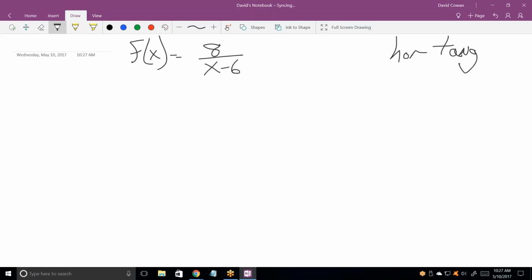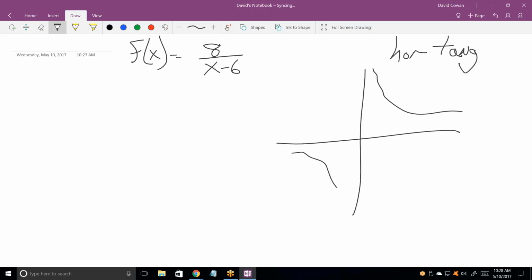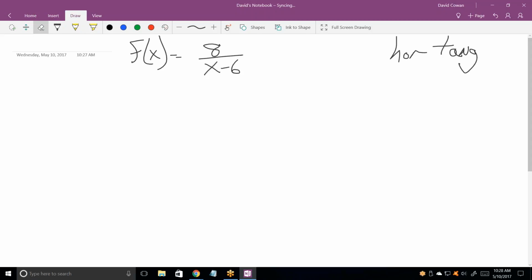That f of x equals 0 or f prime of x equals 0? F prime of x. In other words, the original function, whatever it looks like, needs to have a horizontal tangent. Well, I can tell you right now, this one doesn't have it because it's hyperbolic in nature. It's going to look like this. There are no horizontal tangents on that thing.